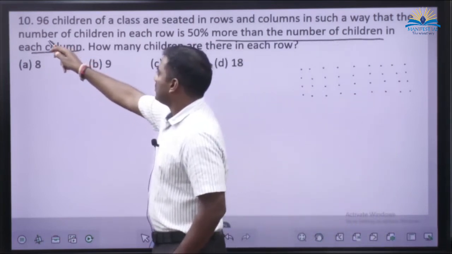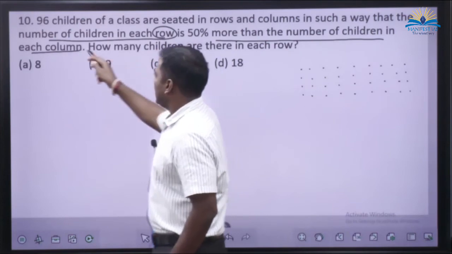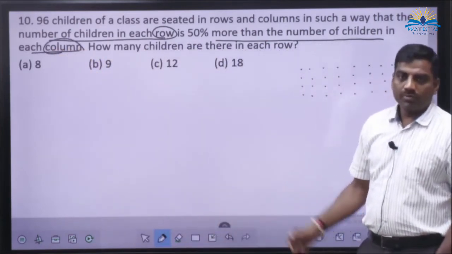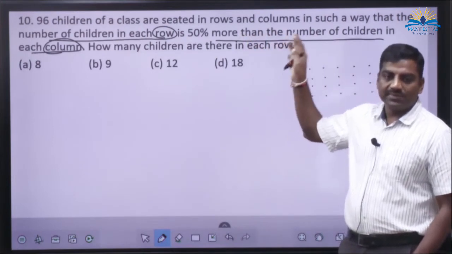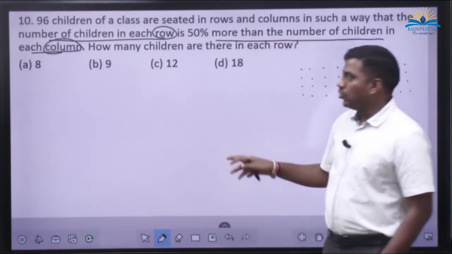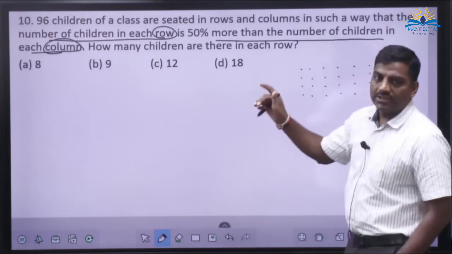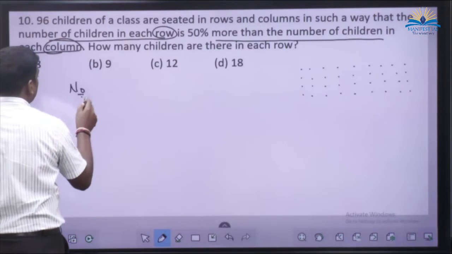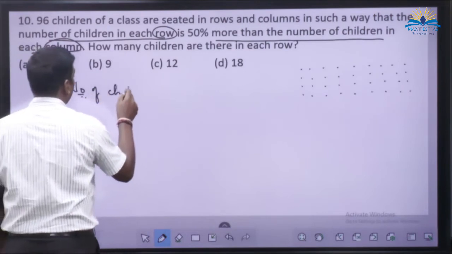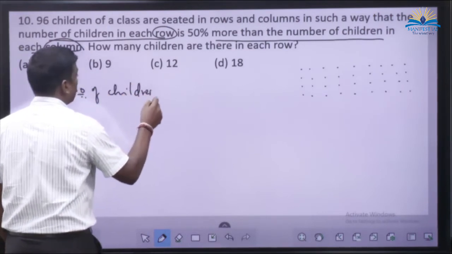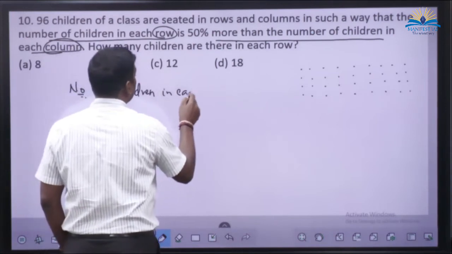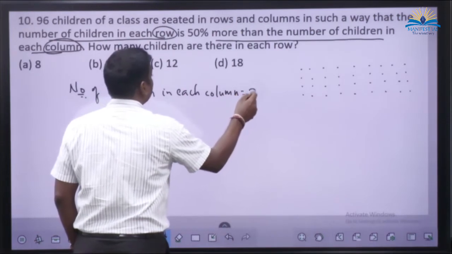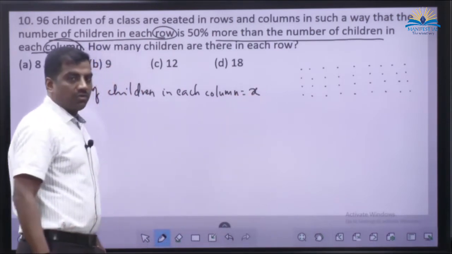So basically the first is being expressed in terms of the second. So assume the number of children in each column is equal to X.